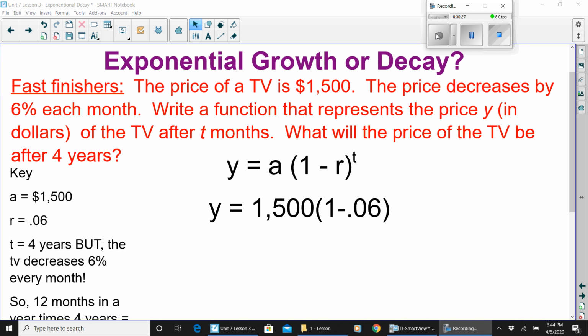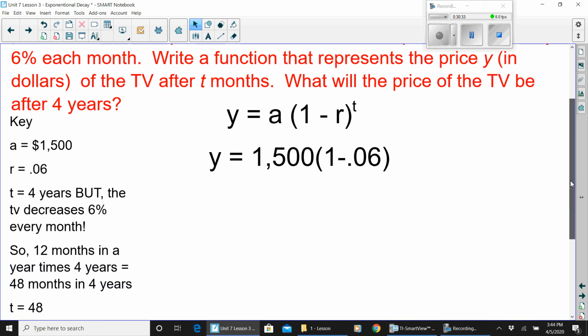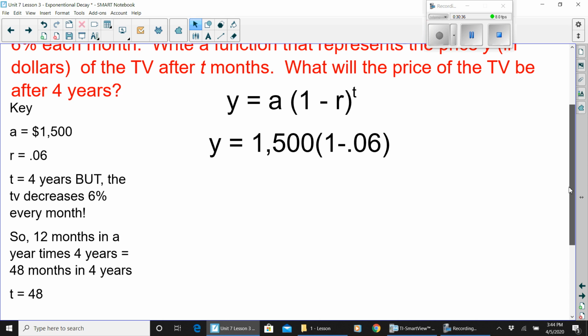What will the price be after 4 years? Okay, so the key, which is right over here, so if you put 4 in for T, that is incorrect at this point. Even though it would be a good question, it's not what the question is asking.